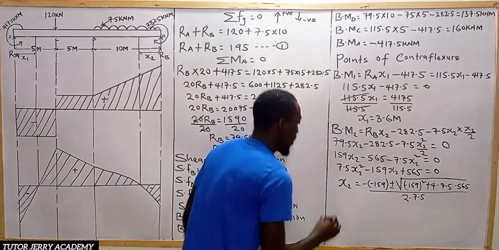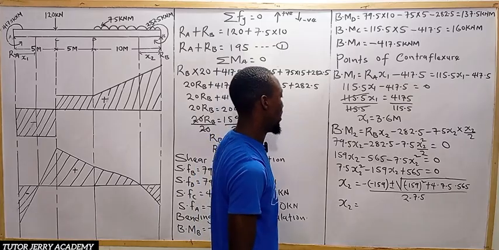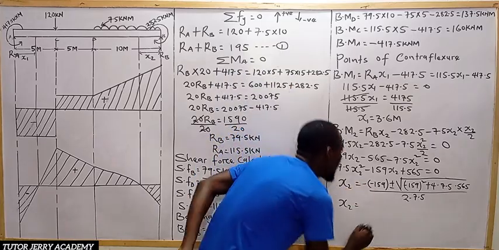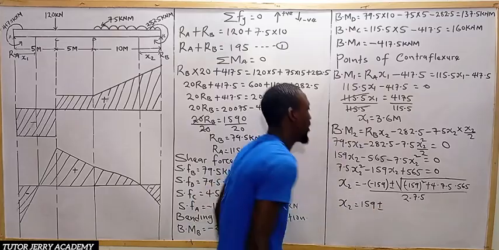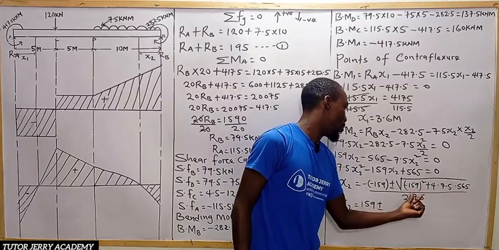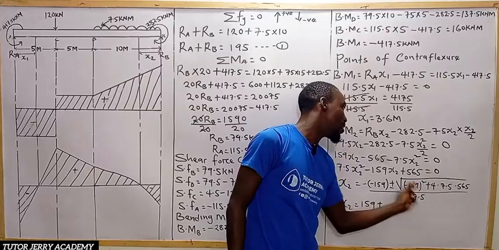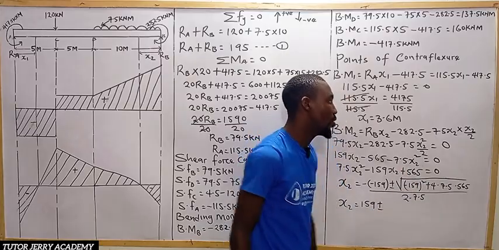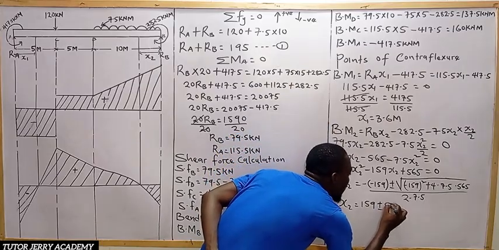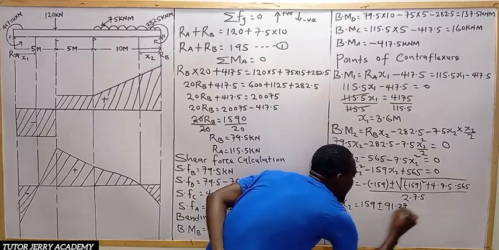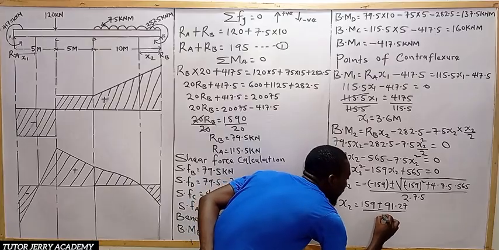All right, so S2 will be equal to 159 plus or minus. By the time you do your math here, you take the square of this, multiply this together, subtract the result, and take the square root. You are going to have 91.27 divided by 2 times this, that is 15.